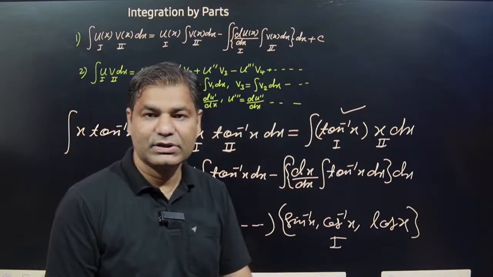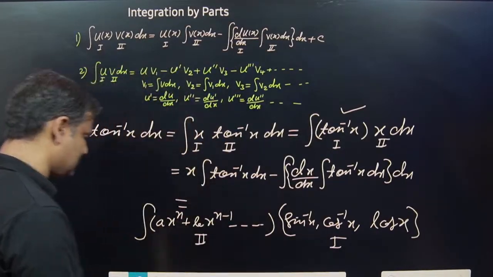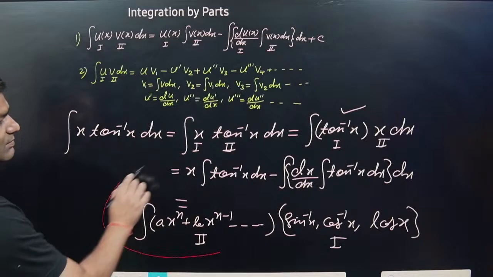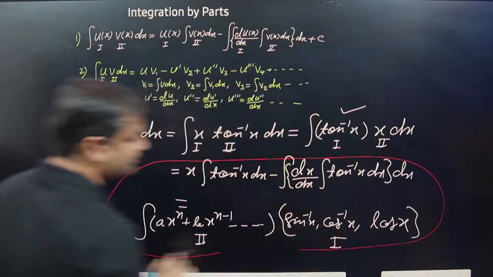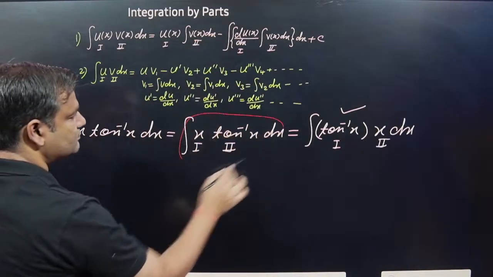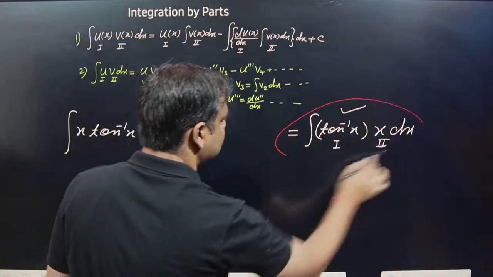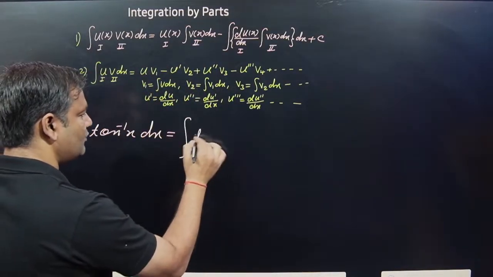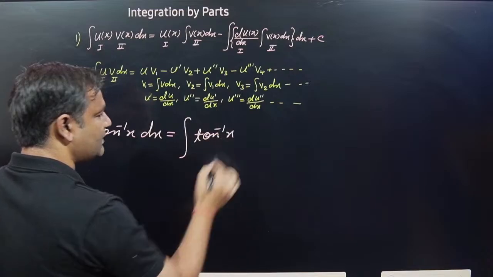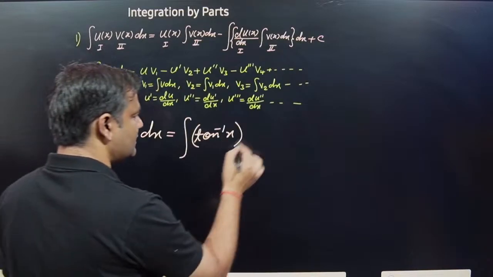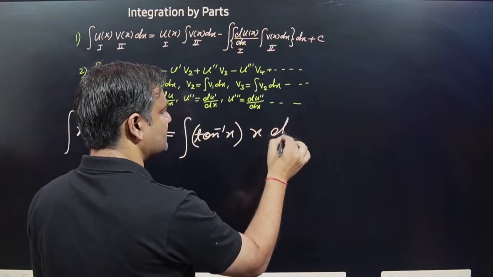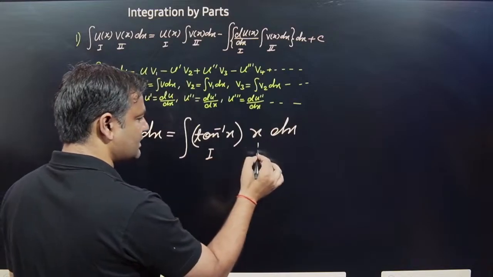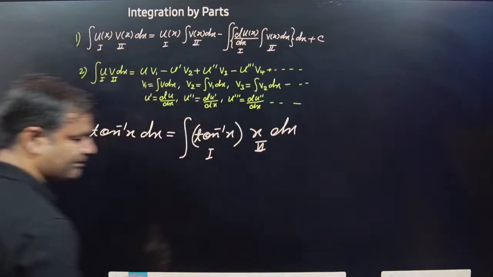Clear or not? So I will take some problems on that topic. How can we solve it? Look here. Which part is taken as the first function? Always the tan inverse x, and here x dx is the second function.